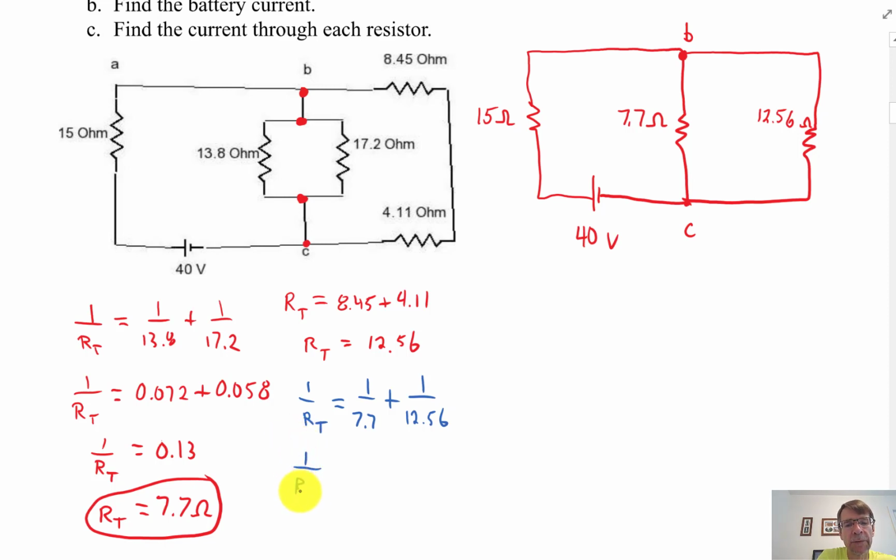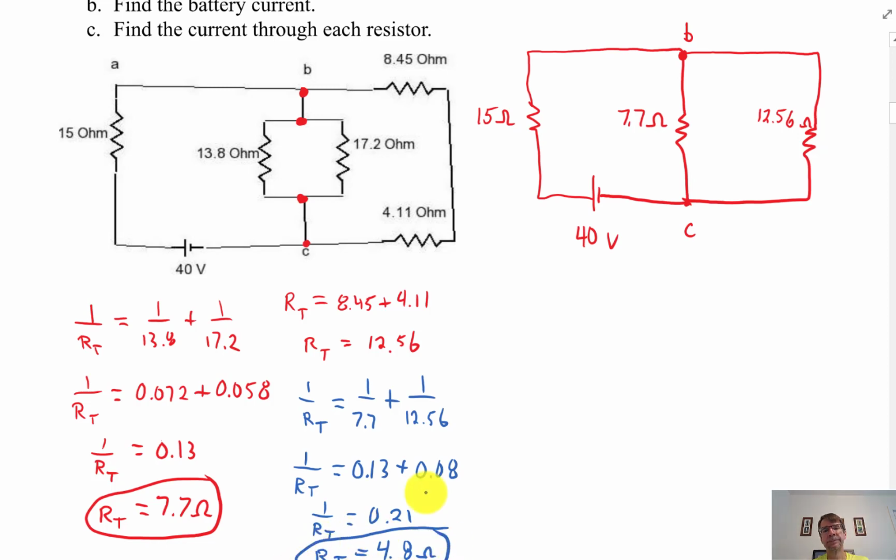So 1 over R total equals 0.13 plus 0.08. So you have 1 over R total equals 0.21. So R total combined for the 7.7 and the 12.56 is 4.8 ohms.